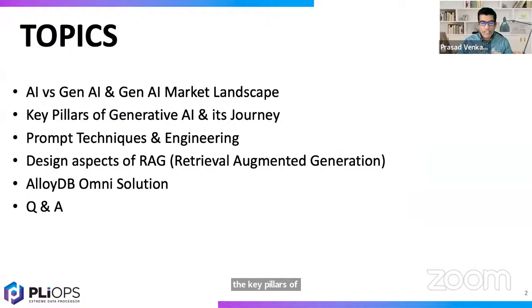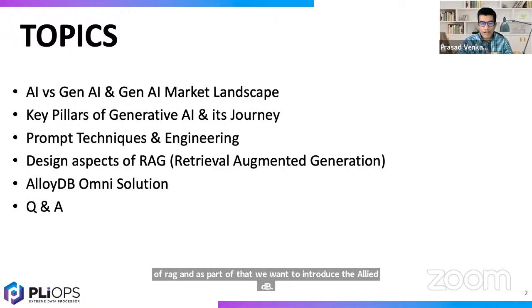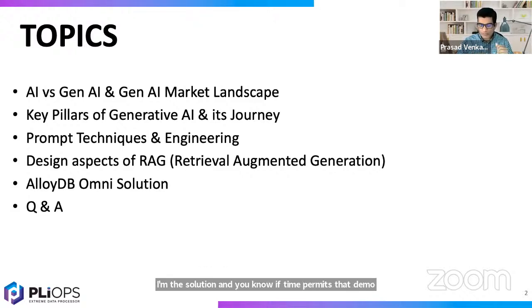In that journey, think about prompt techniques and the engineering aspects. The next important aspect is RAG, so the design aspects of RAG. And as part of that, we want to introduce the AlloyDB Omni solution. And, if time permits, a demo and then question and answers.